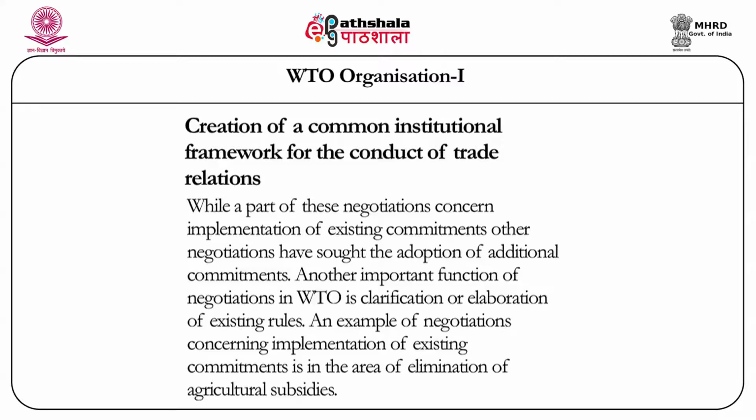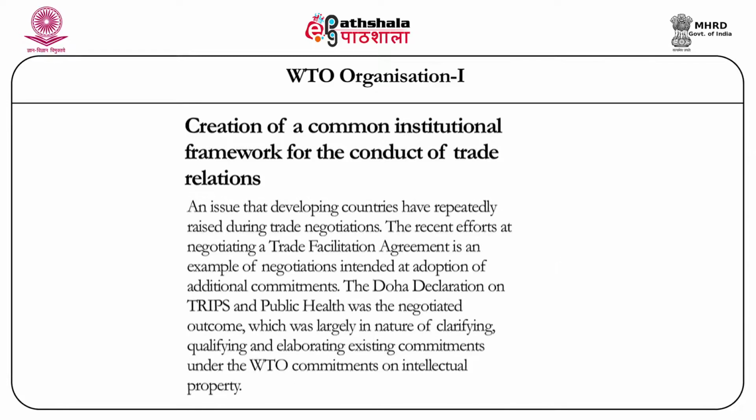An example of negotiation concerning implementation of existing commitments is in the area of elimination of agricultural subsidies, an issue that developing countries have repeatedly raised during trade negotiations. The recent efforts at negotiating a trade facilitation agreement are an example of negotiation intending the adoption of additional commitments.